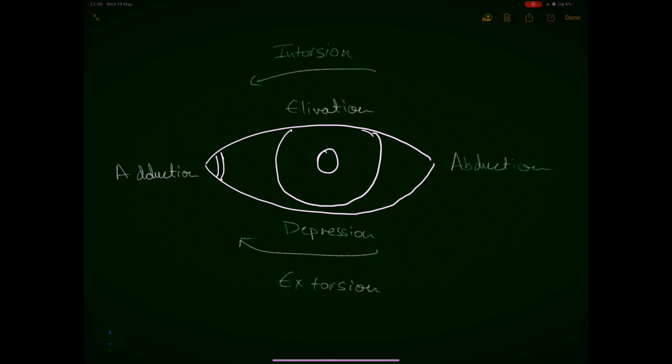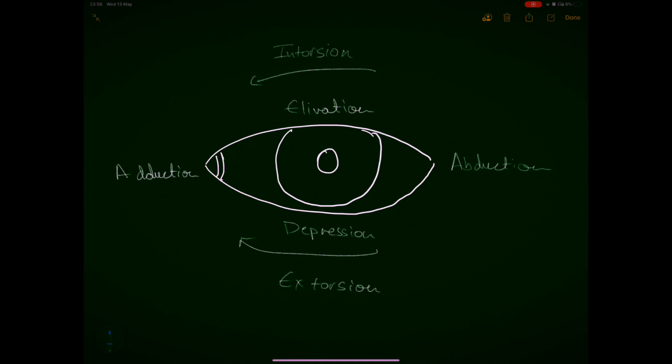Its innervation is the trochlear nerve, which is cranial nerve number 4, and its action is predominantly in torsion, as well as a little bit of depression and abduction.